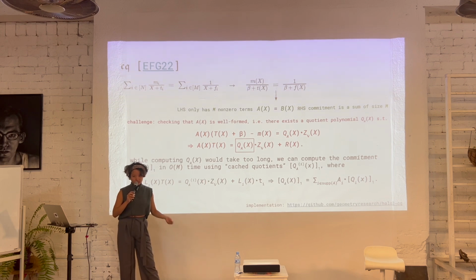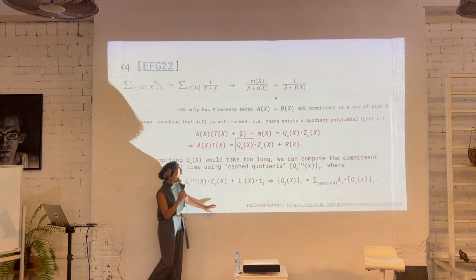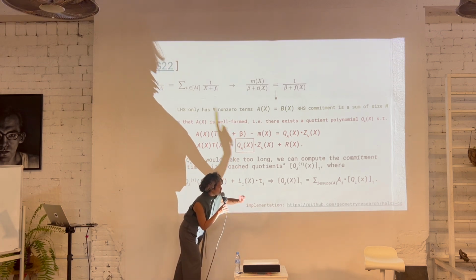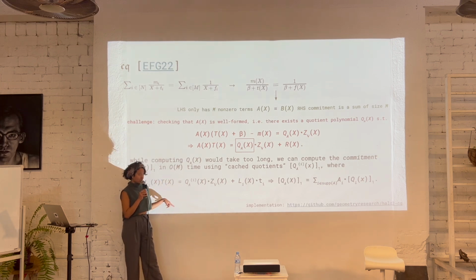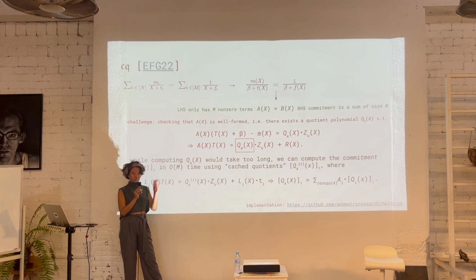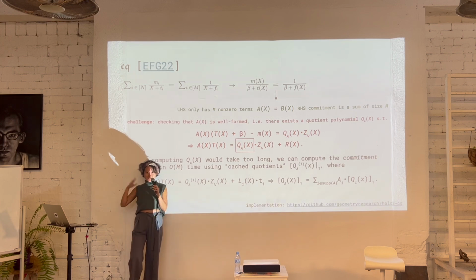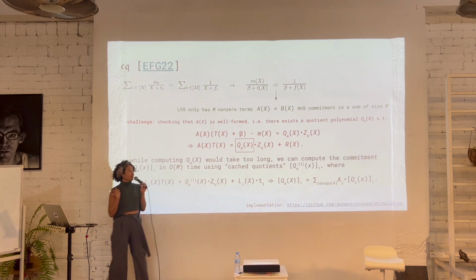Huge tables, that's where CQ really pays off. So we implemented this as well in Halo 2. But we've had trouble benchmarking it because literally the cached quotients are like terabytes in size, and we just didn't know where to put them.